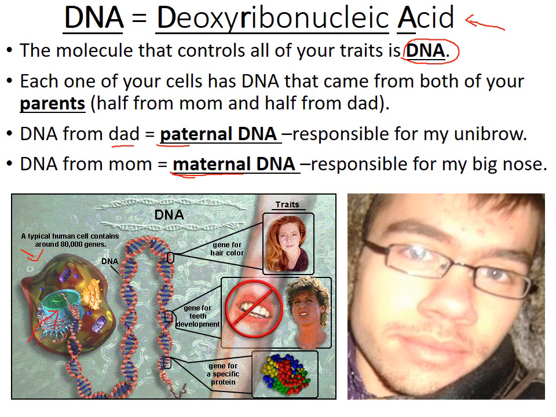And then the DNA is just unwound here, and you can see that at different parts of the DNA, there's different segments or different codes. And those codes code for different things about you. So you might have a little segment over here, a gene for your hair color. You might have a gene for how your teeth develop. You might have a gene for a certain protein in your body. So along DNA, there's all this code called genes, and those genes are read and they give you your characteristics.